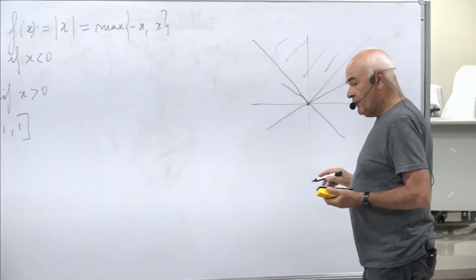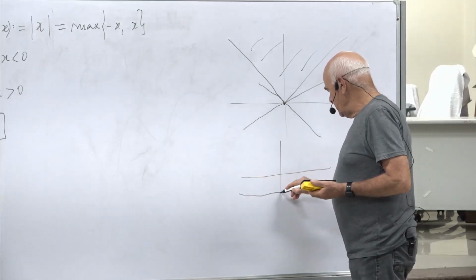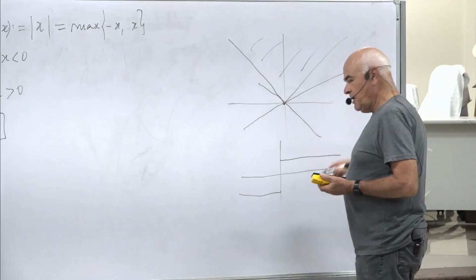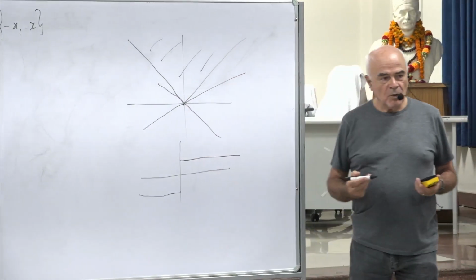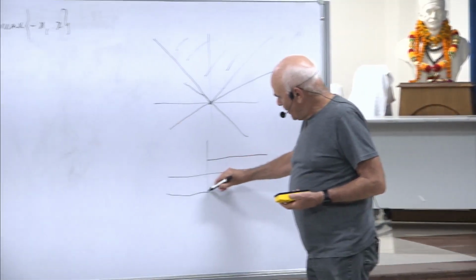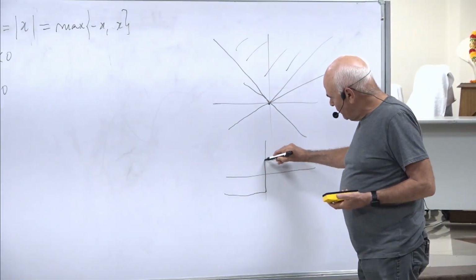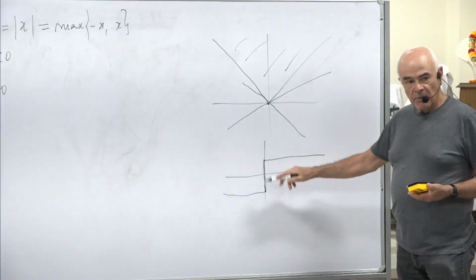Look at the graph of the derivative. -1 here and 1 here, and undefined at 0. But now, if you want the graph not of the derivative, but the graph of the subdifferential, then you are completing the graph of the derivative by adding this interval. Because at 0 it is the interval [-1, 1].